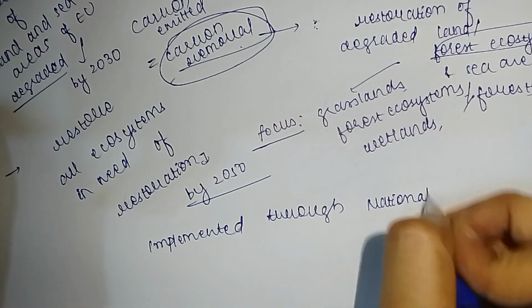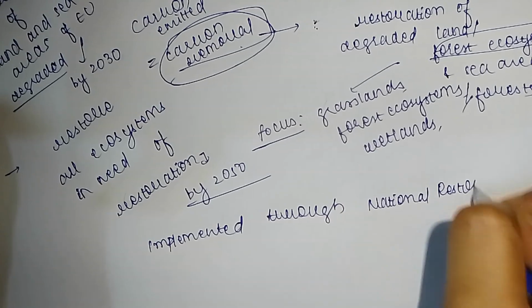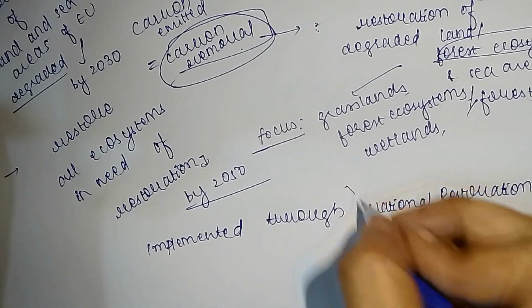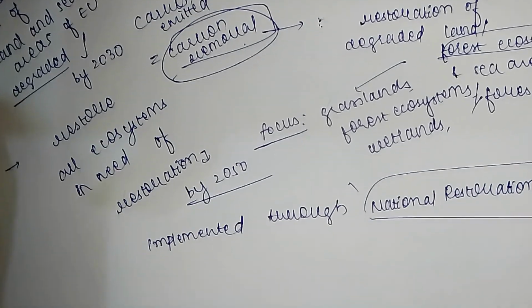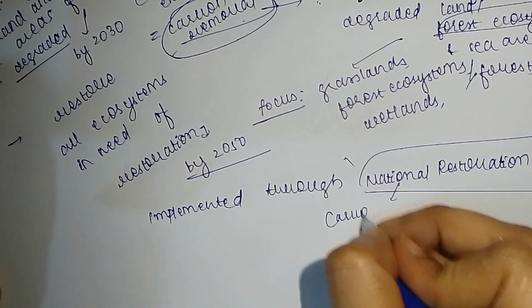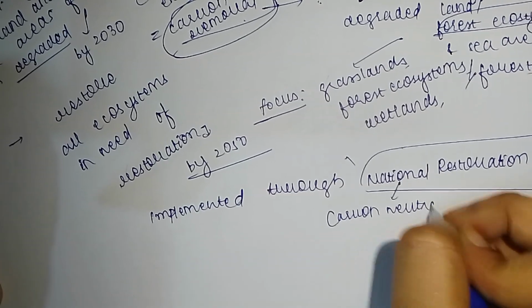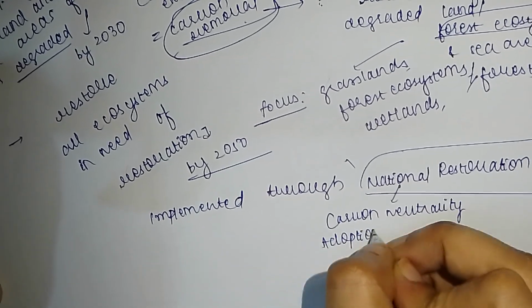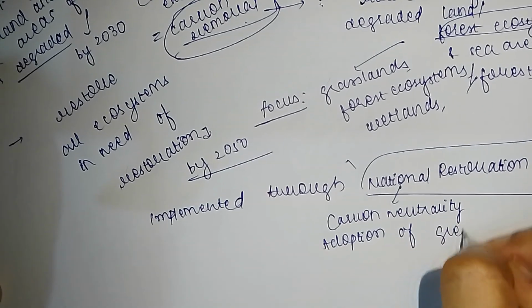When you say National Restoration Plans, they are specific to a particular country. They include frameworks; for instance, within the National Restoration Plan, they focus on carbon neutrality and on the adoption of green technologies. They are specific to a country, okay?